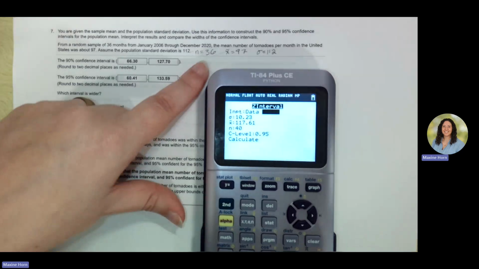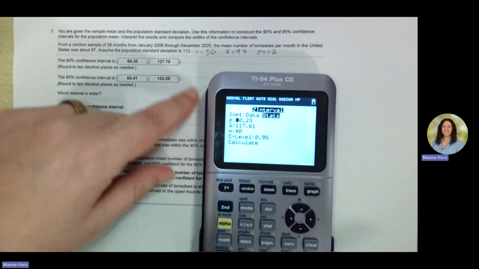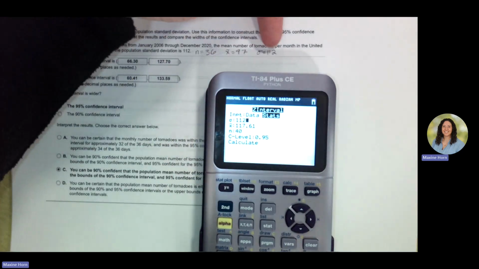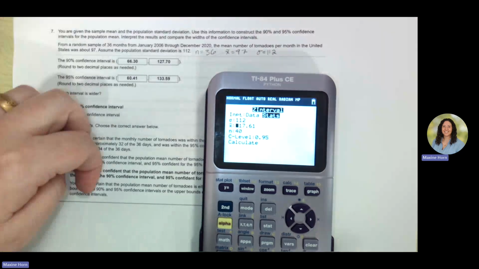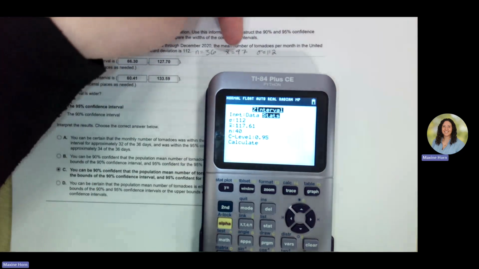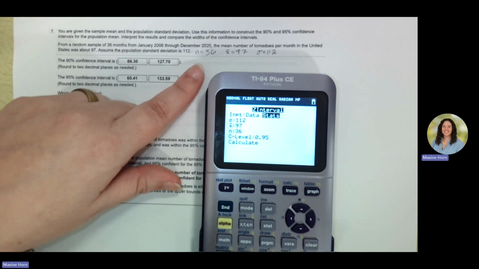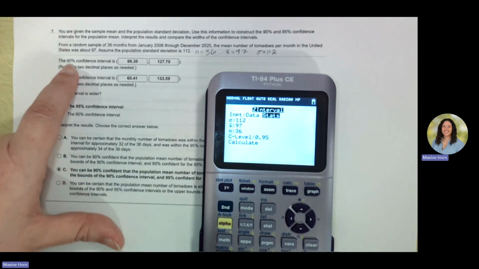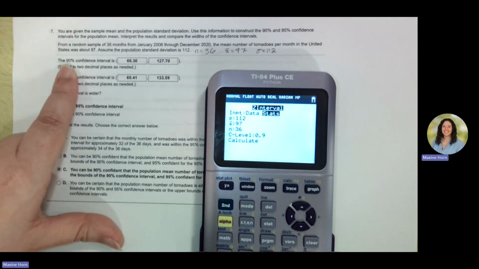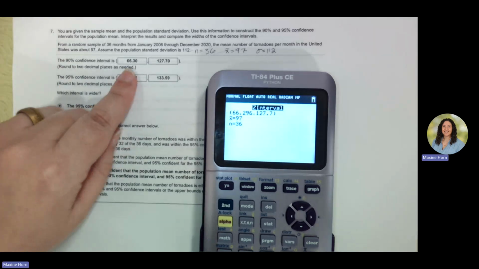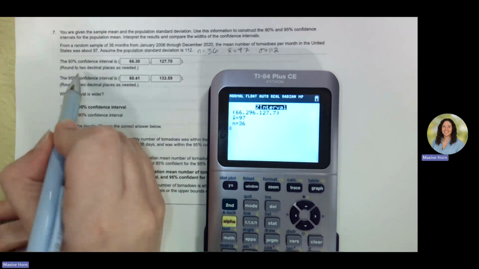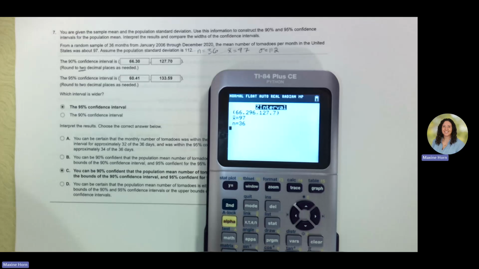Going to plug in what we know. Population standard deviation, we were told that was 112. Sample mean, that's 97. Sample size, that's 36. The first confidence level we're doing is 0.9. So that's how we're getting these numbers. Again, we round to what they tell us to round to, 2 decimals.